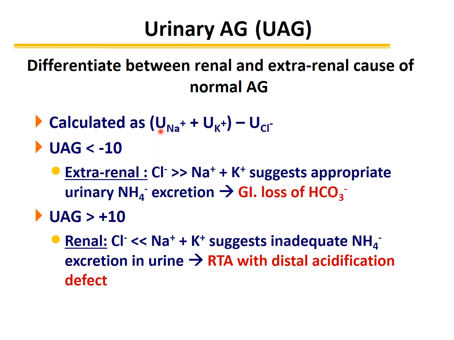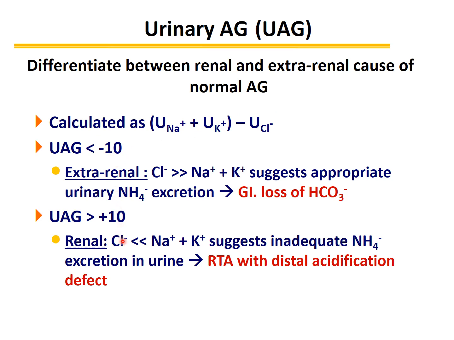This means it is going to increase the positive charges. Again, we cannot have more positive charges than negative, so the kidney will increase the chloride concentration as well. Because we are not measuring the ammonium, and the chloride is higher while the sodium and potassium stay the same, the urinary anion gap will be less than -10.